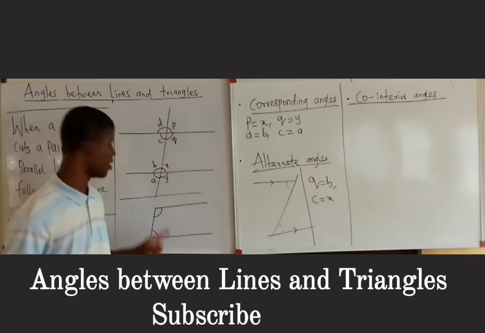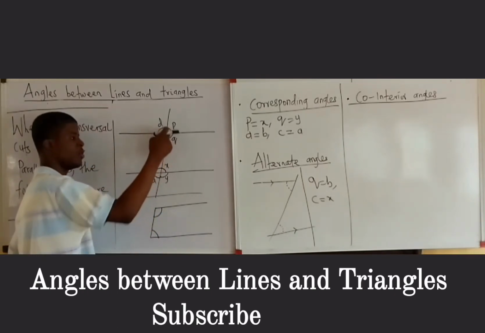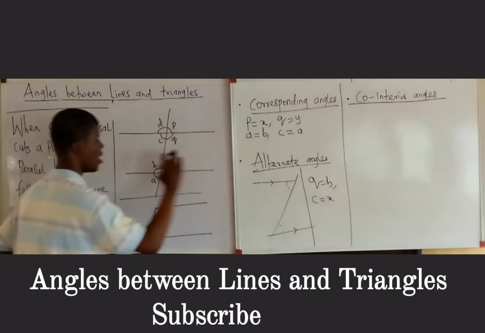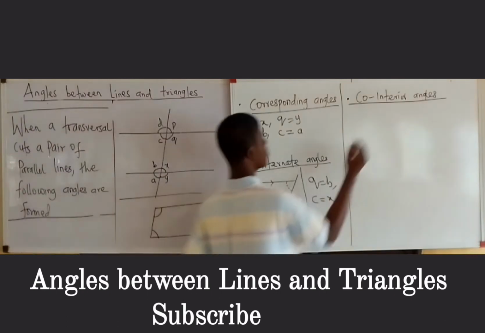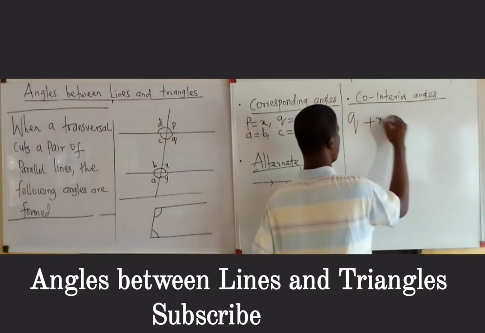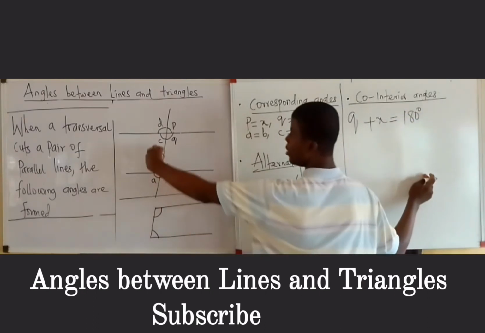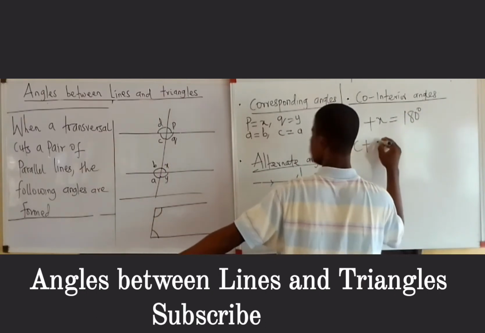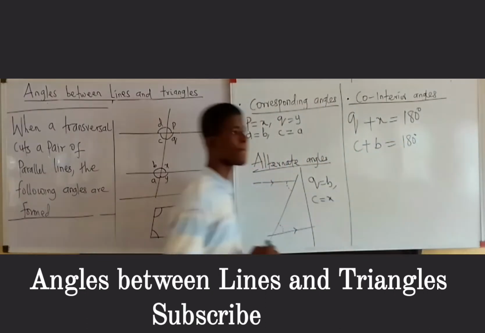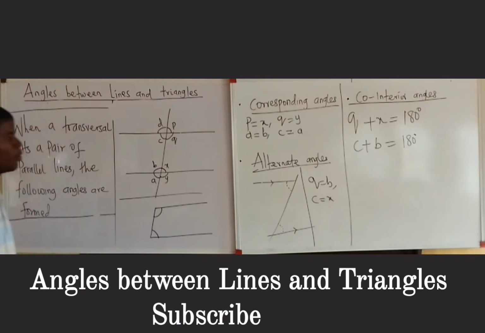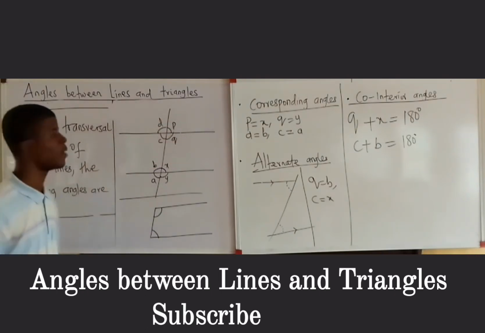So the sum of these two angles is equal to 180. I have Q and X here in the same interior, and B and C in the same interior. It therefore means that Q plus X is equal to what? 180 degrees. In the same vein, C plus B is equal to 180 degrees. So these are the angles that are formed as far as this diagram is concerned.